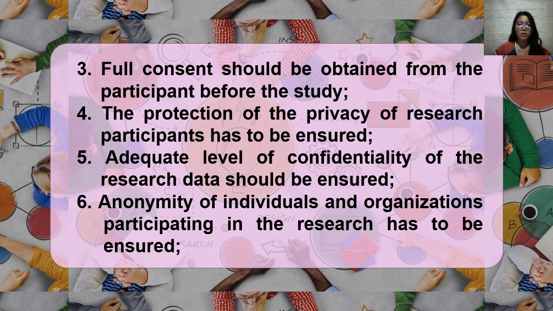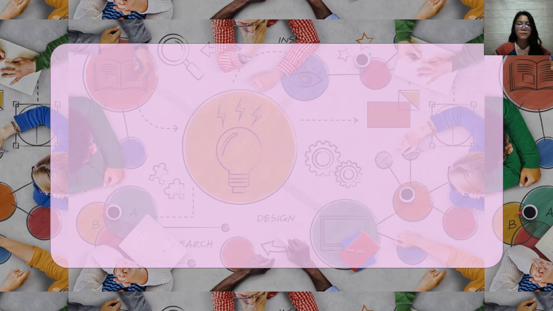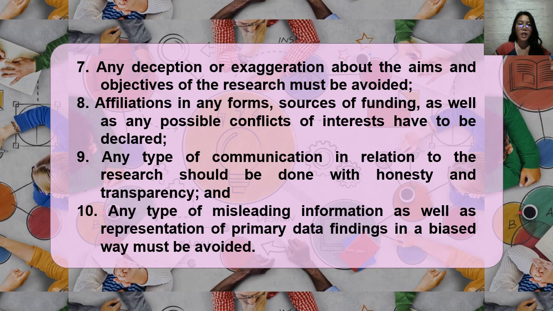Fifth, adequate level of confidentiality of the research data should be ensured. Sixth, anonymity of individuals and organizations participating in the research has to be ensured. Seventh, any deception or exaggeration about the aims and objectives of the research must be avoided.